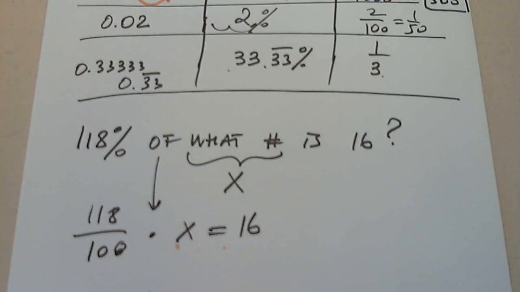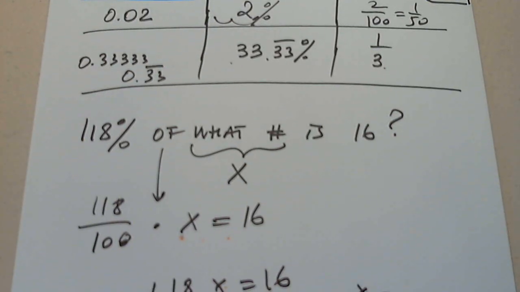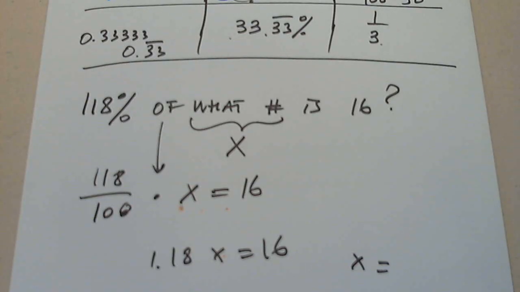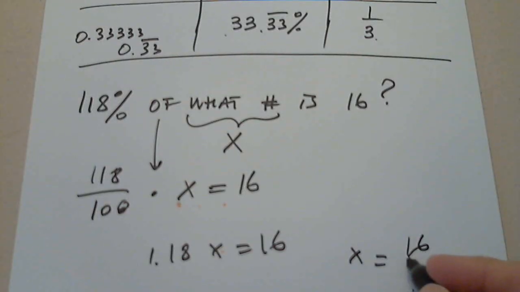So this is 1.18 x equals 16. All I have to do to find x is divide by what? 1.18. Exactly. So 16 divided by 1.18, both sides.